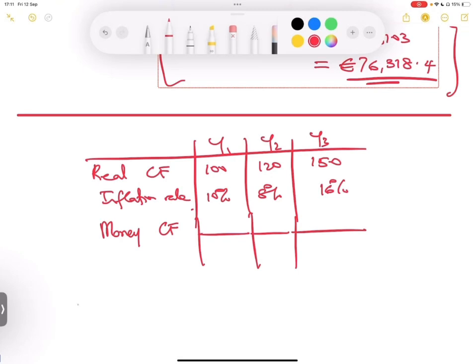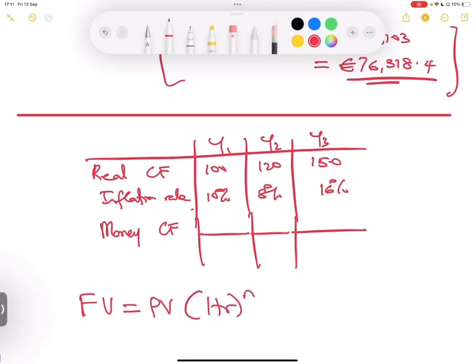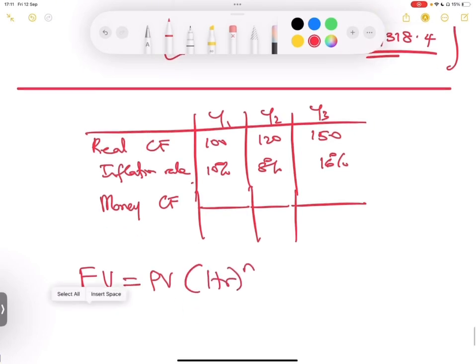So you're saying that future value is equal to present value times 1 plus R raised to power n. It's the same thing as saying money cash flow is equal to real cash flow times 1 plus R raised to power n.